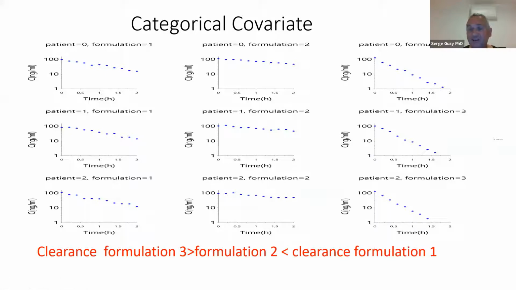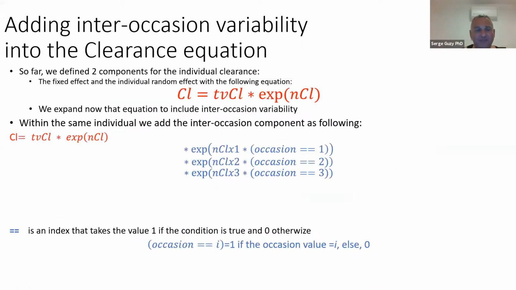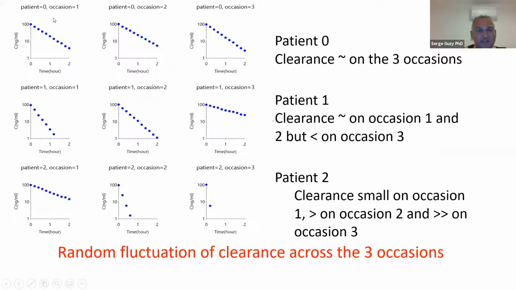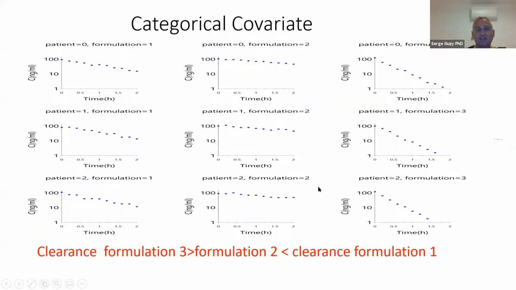You're going to understand that very easily. You remember that last time when I talked about the interoccasion variability, I showed a picture like that, where I didn't see any trend: larger clearance, lower clearance, lower clearance, larger clearance, larger clearance. No trend. Now look at this picture, and you are going to understand that something is different. What can I see here?